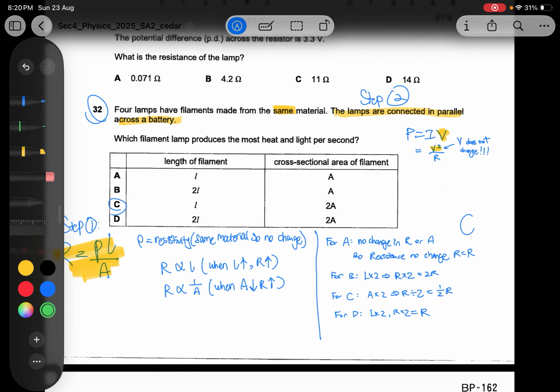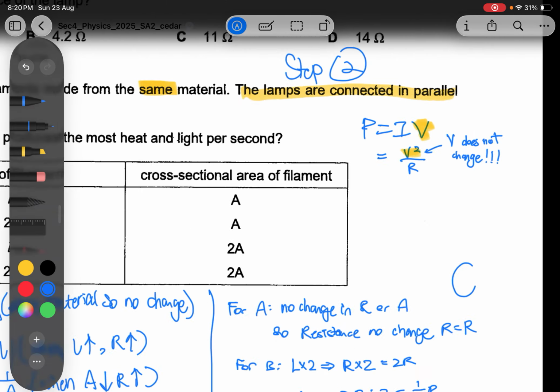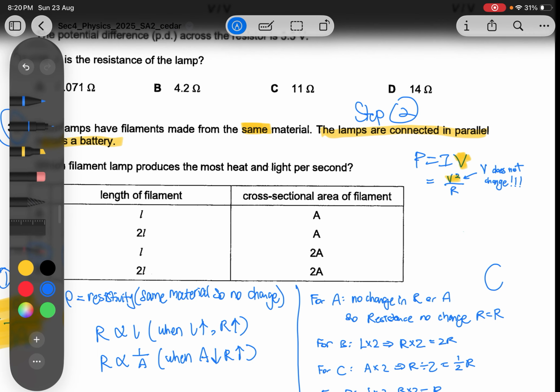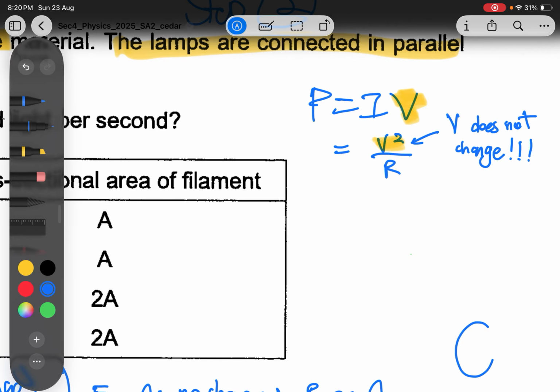However, because we're given in the question that the lamps are connected in a parallel manner, what does that mean? The voltage is constant. Why? Because it's directly connected to the battery. So the voltage does not change. So by applying V squared, we know P equals IV.